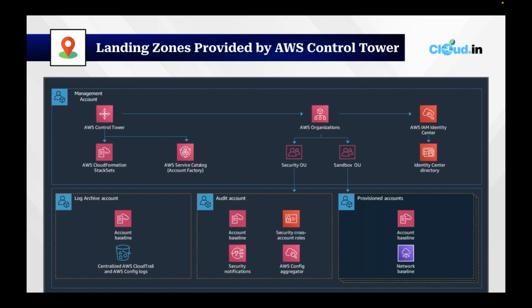there will be a security OU and the sandbox OU, where audit and logging accounts are created by default. The security OU has the log archive account and the audit account, where centralized logging and auditing is going on. And the sandbox OU is a kind of testing OU where you can provision your multiple child accounts.